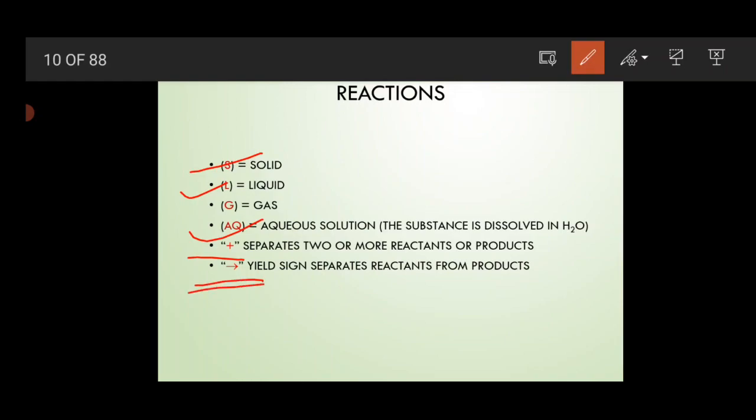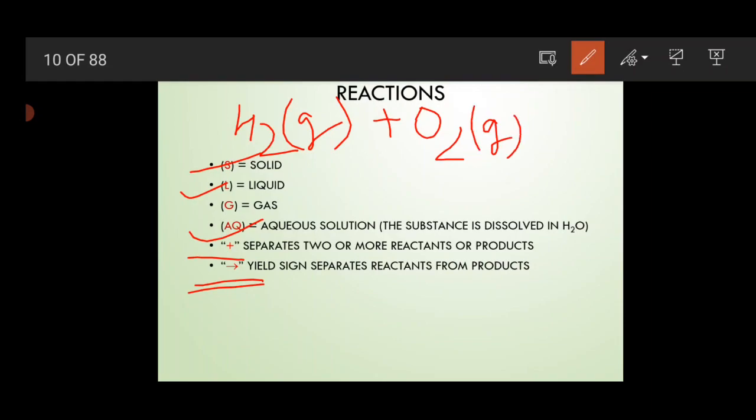To differentiate between reactant and product, we use an arrow sign. Here, hydrogen we know as a gas, but another person may not know, so to make it more informative, we use a small g to represent the gaseous form. Then it reacts with oxygen gas, which is also represented with a small g.